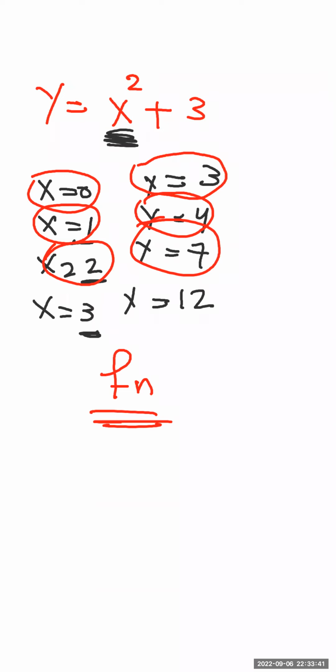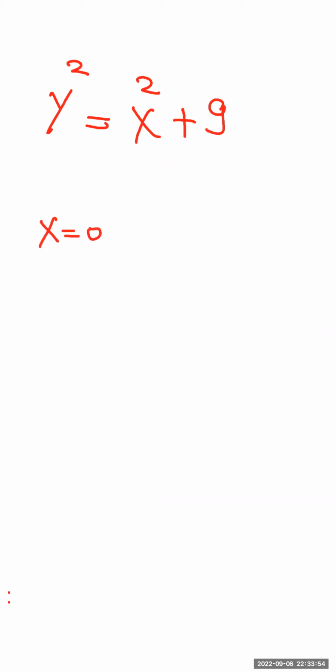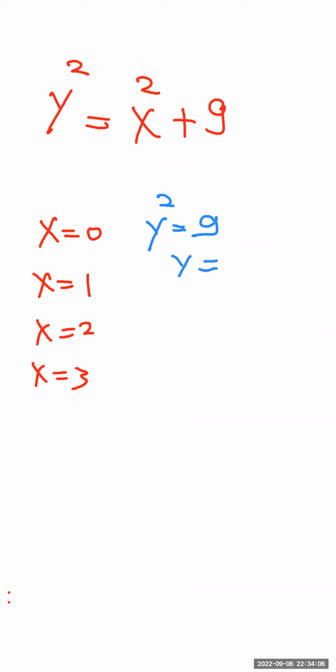Okay, another example. If the question is like that, y squared equal x squared plus 9, let's check if x equal 0, if x equal 1, if x equal 2, if x equal 3, whatever the values. Here, y squared will equal 9. So y equal a quadratic equation here, y to the power 2. This means that there are two roots, positive or negative square root of 9, which means positive or negative 3.